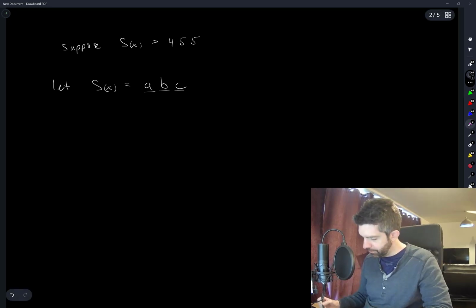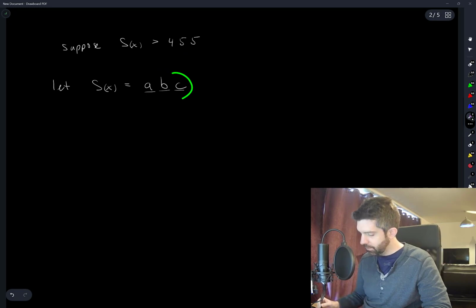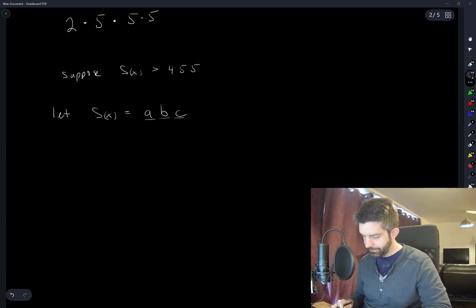So let's start by assuming that S of x is equal to ABC, where these are the digits of a 3-digit number. So A times B times C is equal to x. Well then, at least one, oh, hold on.